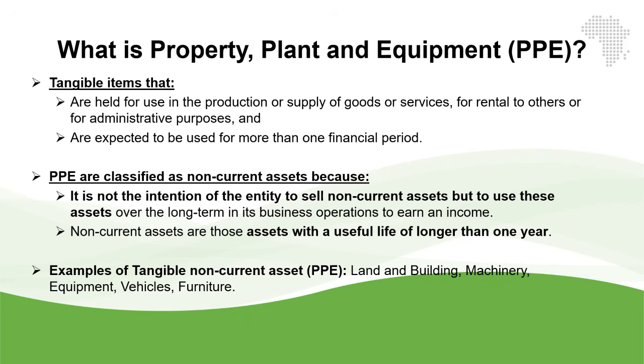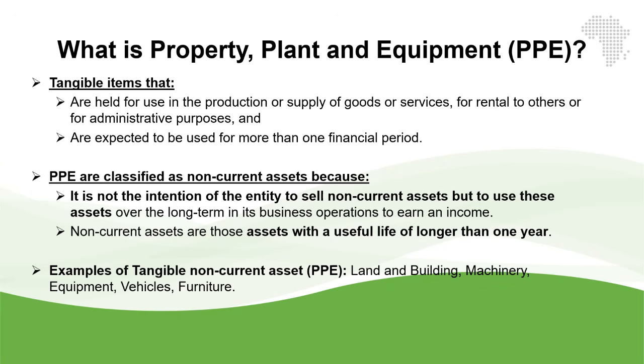On the second point here, we are saying property, plant, and equipment are classified as non-current assets because, one, it is not the intention of the entity to sell the non-current asset, but to use this asset over the long term in each business operation in order to earn an income.